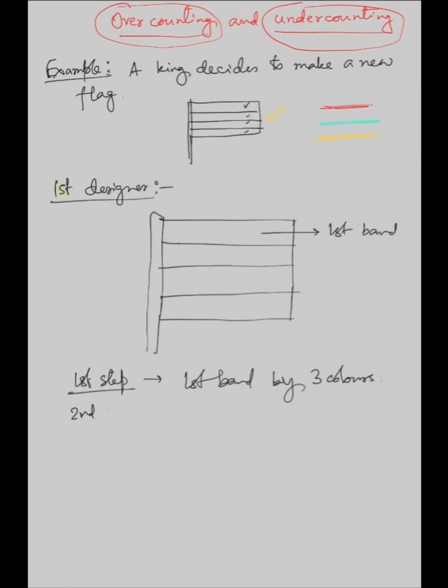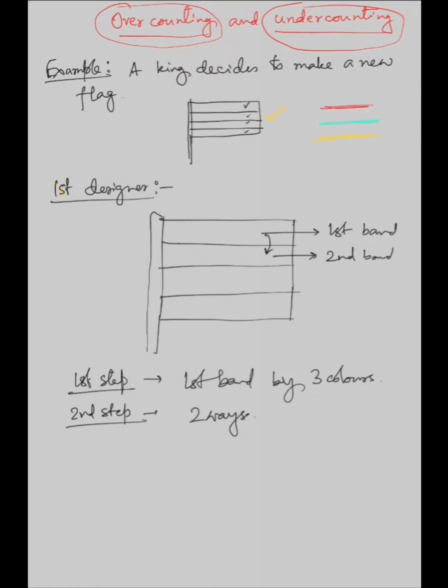Now the second step. Then he would come to the next band, just below the first band. In how many ways can he color the second band? Two ways. Why?